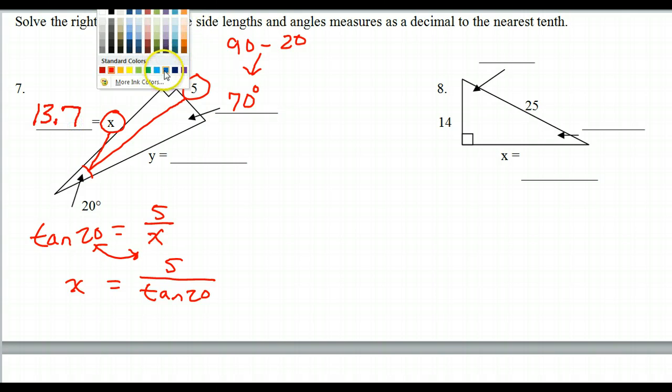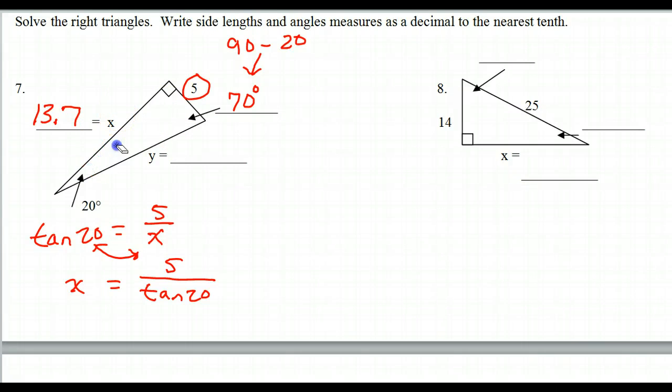Okay, if I want to find y, still using the 20 degrees, of course, but this time I'm doing y, and I still have to use the 5. So 5 is opposite. Y is the hypotenuse. Opposite over hypotenuse, that's the sine function.